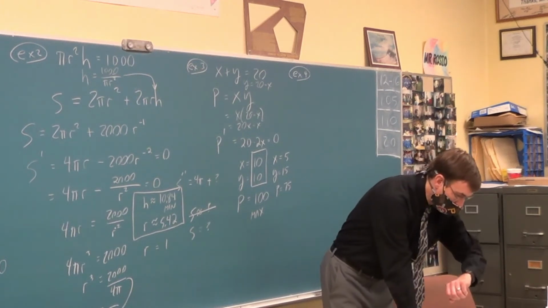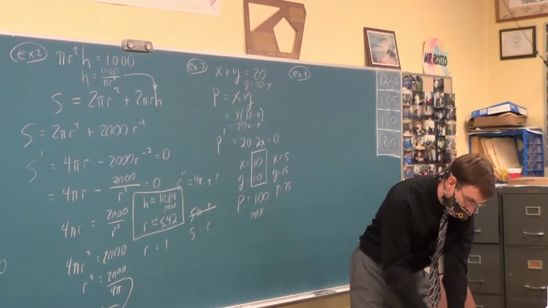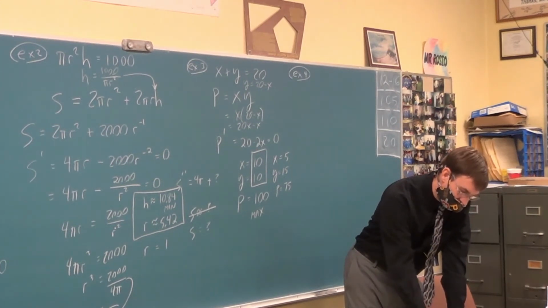Example 4, geometry, says we're going to inscribe a rectangle inside a semicircle of radius 2. What is the largest area that rectangle can have, and what are the dimensions?